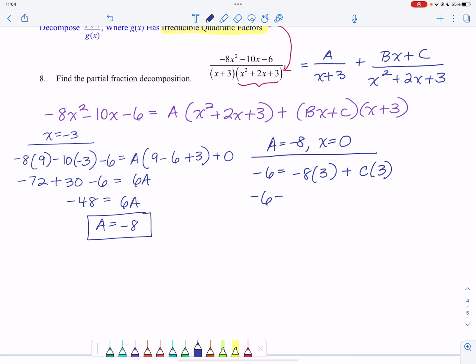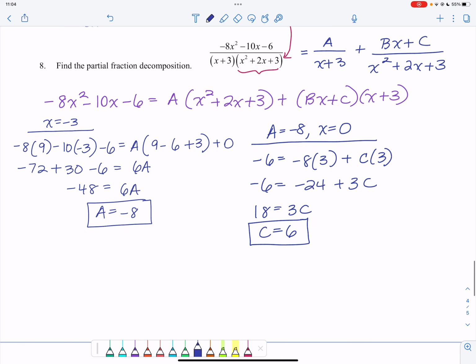So negative 6 equals negative 24 plus 3c. 24 minus 6 is 18 equals 3c, and so c is equal to 6.